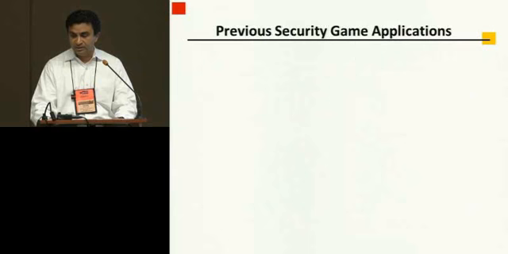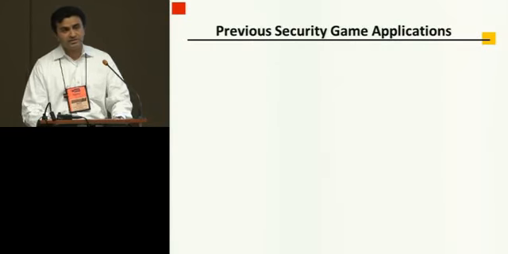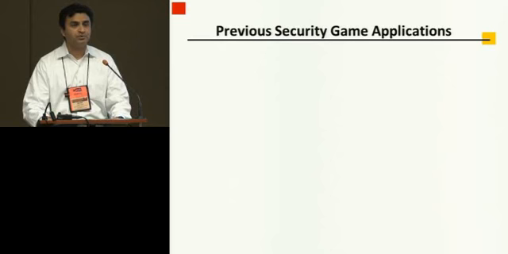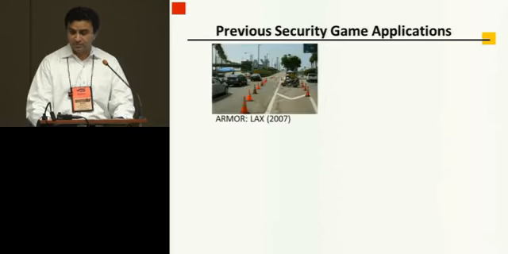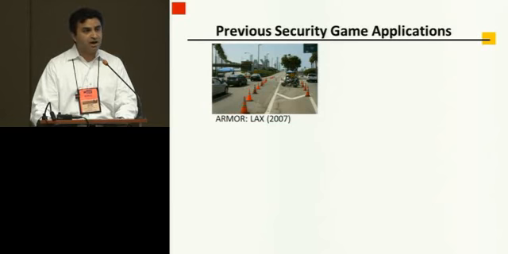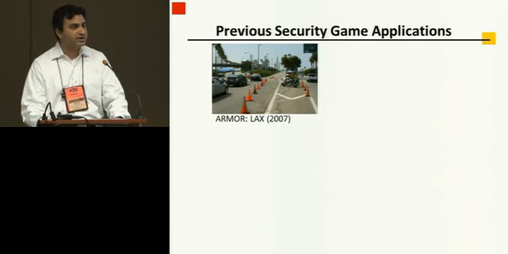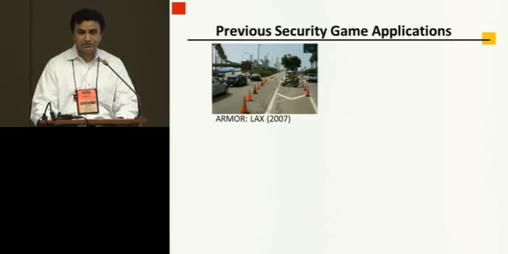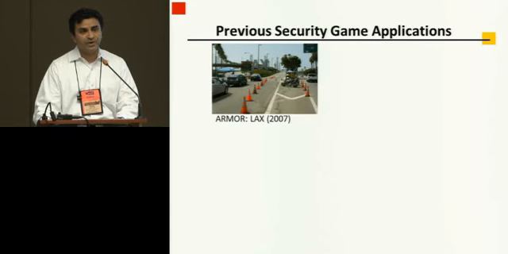So Protect follows on the heels of several applications of game theory that we've used, just as Protect is an application of game theory, in different venues. Our research started with the Armor application at the Los Angeles International Airport. There are 6 inbound roads into LAX, but not enough police officers to have checkpoints on all roads at all times.